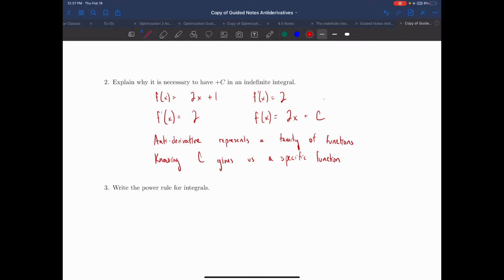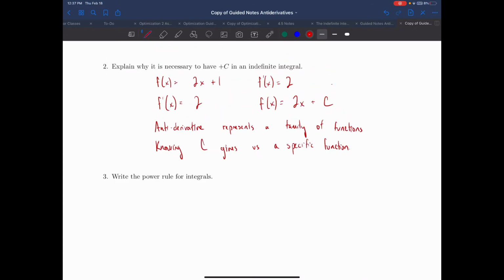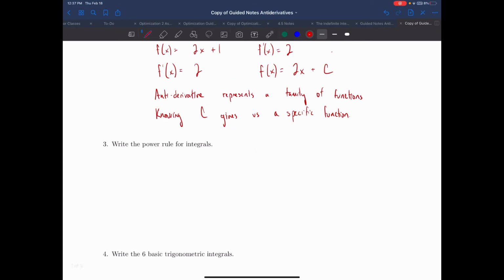So the power rule for integrals. Right now we're just looking at one integration technique, and that is the reverse power rule. Normally when we take the power rule, what we usually do is take 1 from the exponent and then multiply by n. The power rule for integrals is just the opposite.